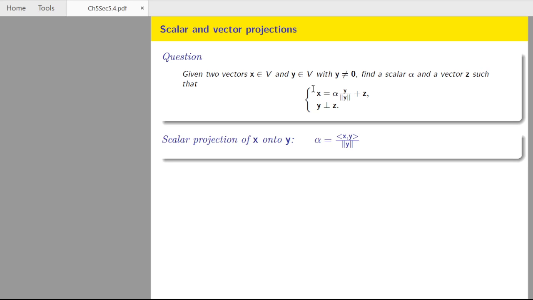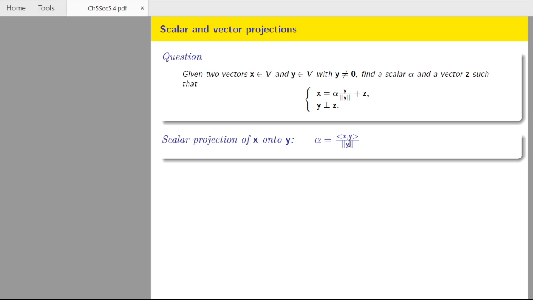So we use a similar term, scalar projection of x onto y. The scalar here is alpha, so alpha equals the ratio of the scalar product of x and y over the norm of y. From this you can see why in the beginning we assumed the vector y is non-zero: we should guarantee this denominator is non-zero.